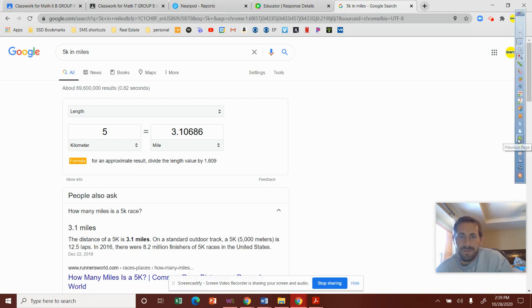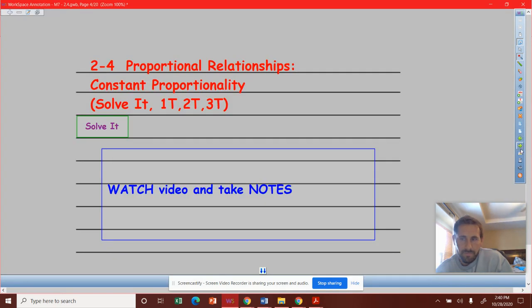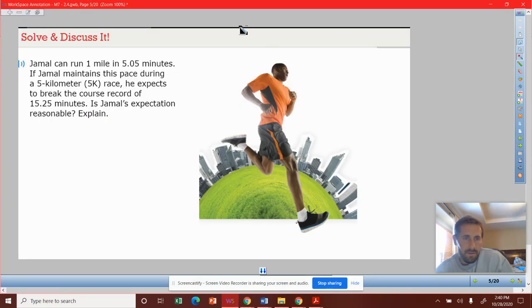And the reason I would not carry that extra one in this case, and we can round up a few seconds if we want to. So what does that mean? Well, we can take this and say we've got 1 mile is 5 minutes and 5 seconds.